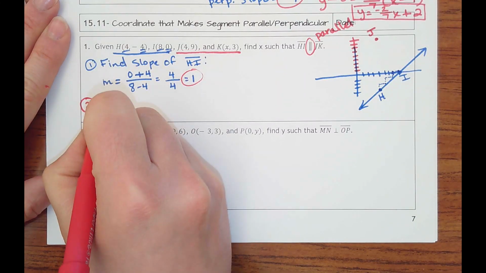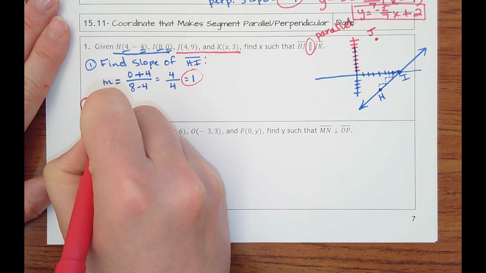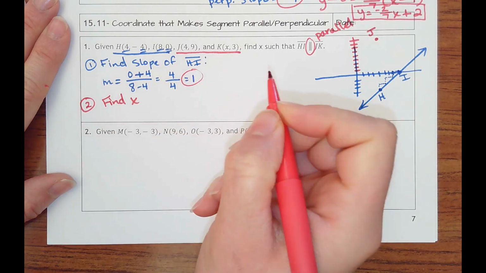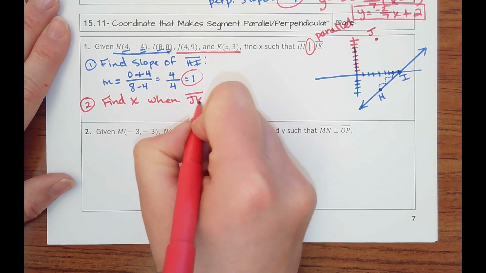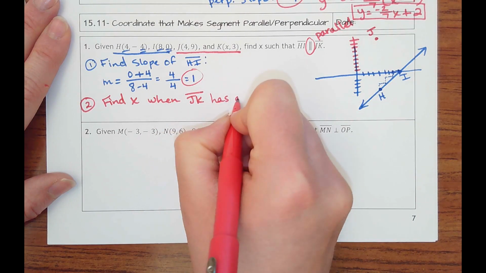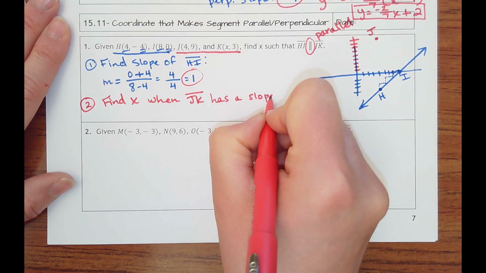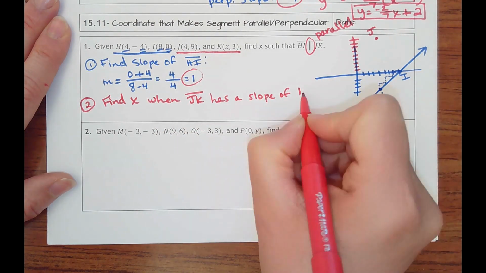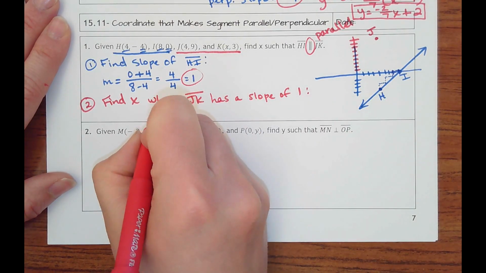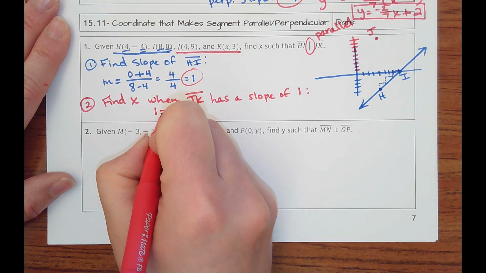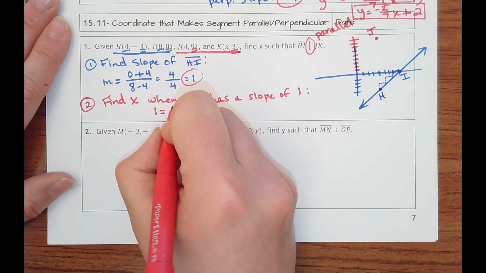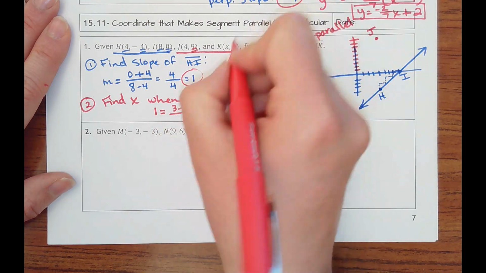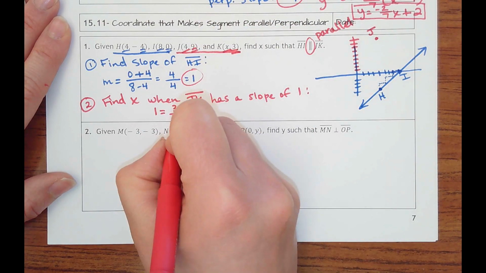For step 2, we're going to find X when line JK has a slope of 1. So I'm going to put 1 equals, that's like my m equals y2, which would be 3 minus 9, over x minus 4.